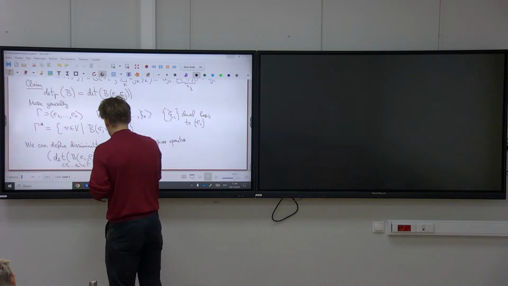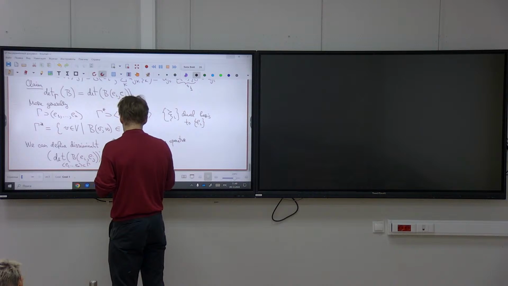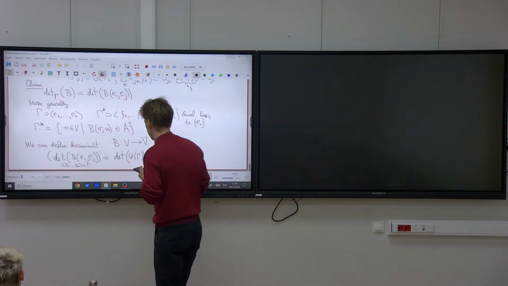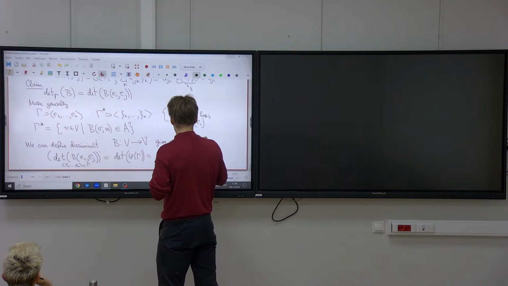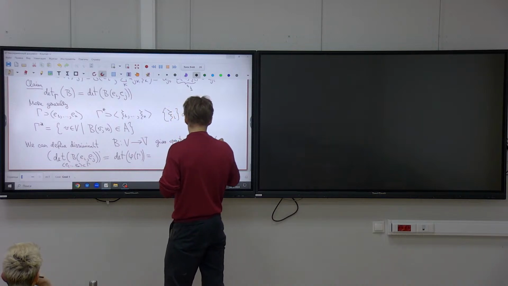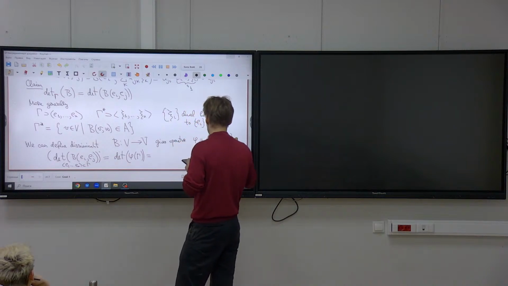So that is the determinant of phi of gamma, where the operator phi is given by the matrix B(E_i, E_j) that maps a basis to the dual basis.